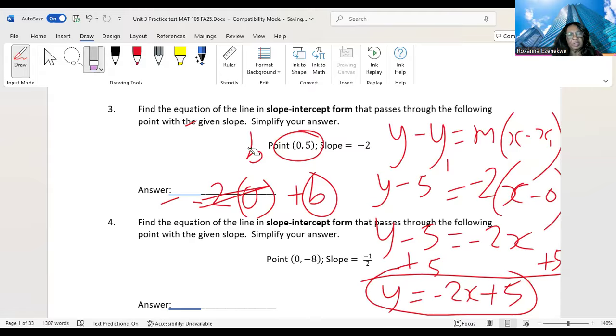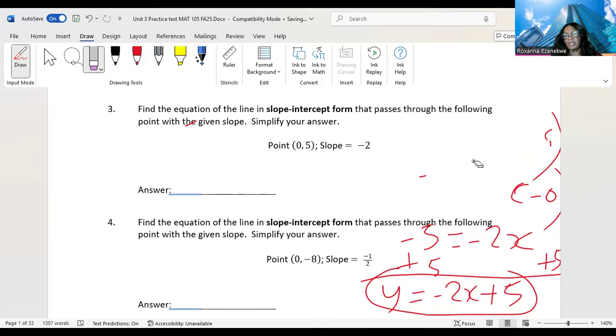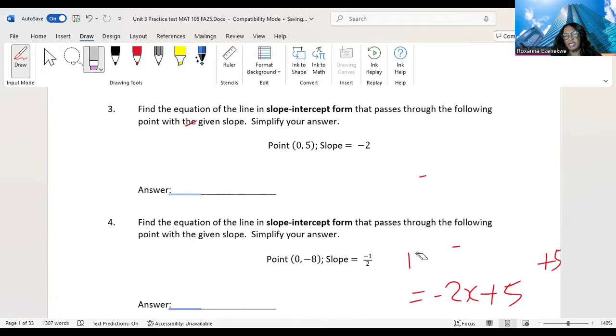Let's go to number 4. We're not actually trying to do all of them one by one. There are going to be about 15 questions in the test. I made them, I think, 25 or 26. There are 26 questions in this practice test.